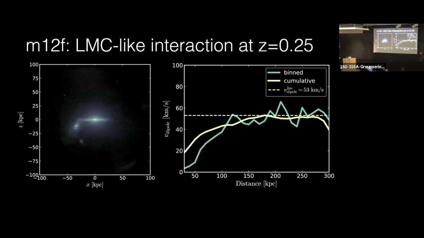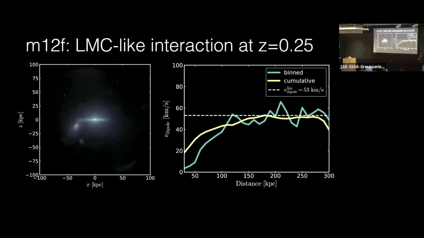For these aquamarine contours, this is looking at bin shells with a thickness of 5 kiloparsecs. The yellowish curve, which I call cumulative here, uses all stars beyond a certain distance. So for the value at 100 kpc, I'm using all star particles that are 100 kpc or further to calculate that property.